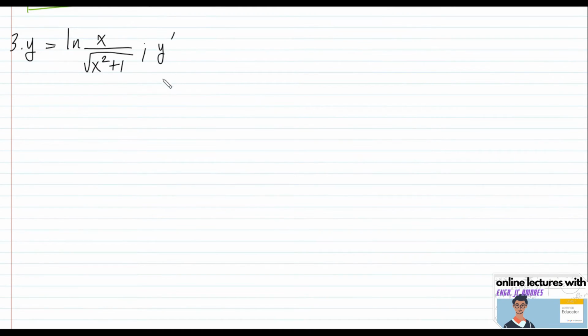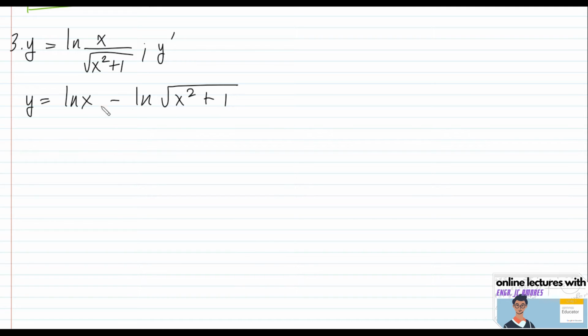So problem number 3, we have y is equal to ln of x over the square root of x squared plus 1. So again, if we apply the properties of logarithm, this will be ln x minus the ln of the square root of x squared plus 1.